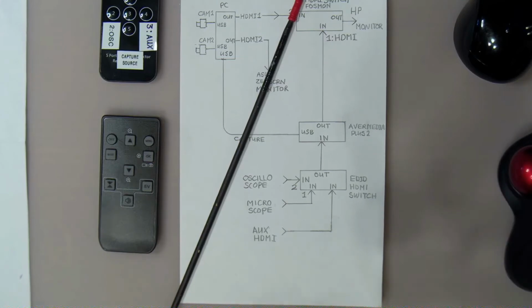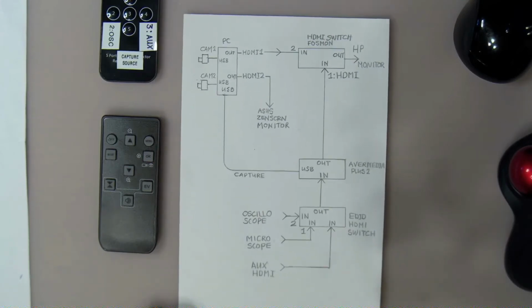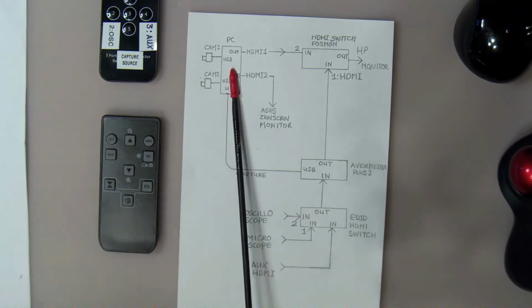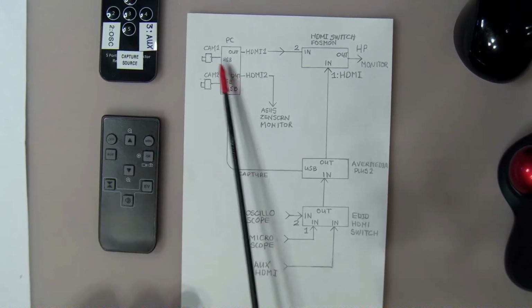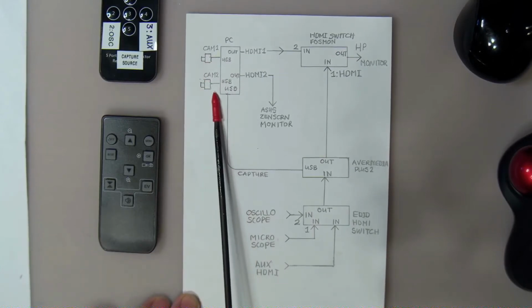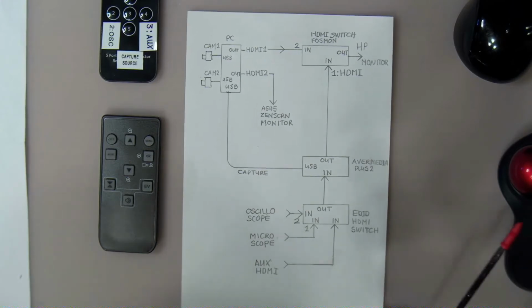So this is the camera that's at the top. What I've done is connect up my PC here. I've got the two cameras. In fact, there is a third camera as well, which is that Brio webcam, but I don't use that for recording videos because it is a bit annoying.